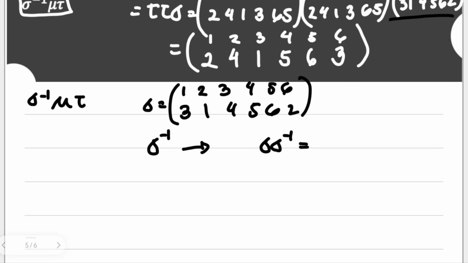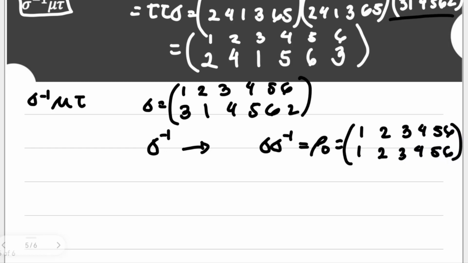Let me use here the notation for identity. We usually call it, for general permutations, rho sub 0. The product of a permutation to its inverse is equal to the identity. In short, this will just be equal to 1, 2, 3, 4, 5, and 6, 1, 2, 3, 4, 5, and 6, because an identity permutation is where the elements are mapped to themselves, just like this one here.